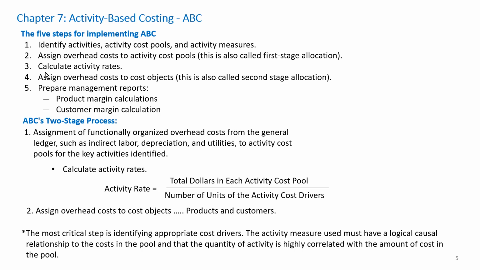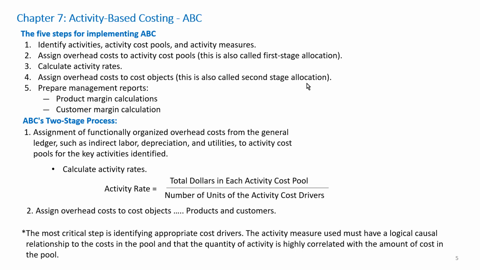The third step is to actually calculate activity rates. The activity rates will tell us the average cost of resources consumed to carry out a particular activity, such as processing purchase orders. The fourth step is to assign overhead costs to the cost objects.